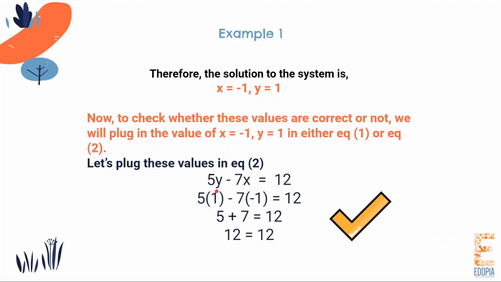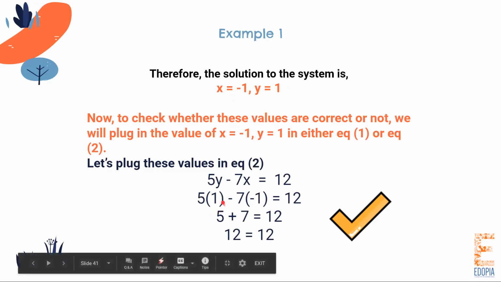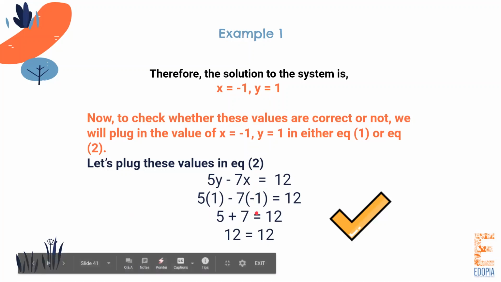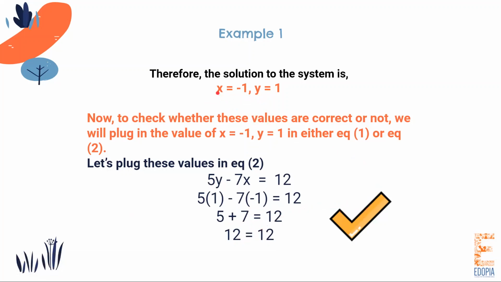In place of y, I will substitute the value 1, and in place of x, I will substitute minus 1. 5 times 1 minus 7 times minus 1 equals 12. So 5 times 1 is 5. Minus 7 times minus 1 is plus 7. 5 plus 7 equals 12. 12 equals 12. It means our values are correct. The solution set of this system of equations is x equals minus 1 and y equals 1.